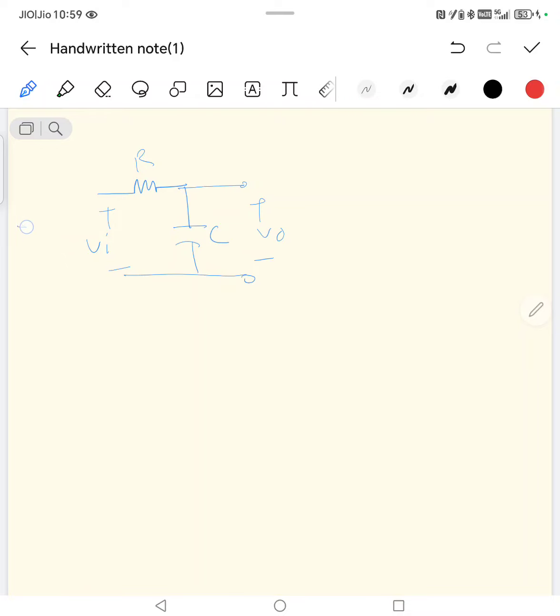If we give Vi, suppose 0 to 5 volt, what will be the response of V out in time domain? Usually we don't write the equation, we try to simplify, or we try to get the result intuitively. So let's see how we'll get the result.